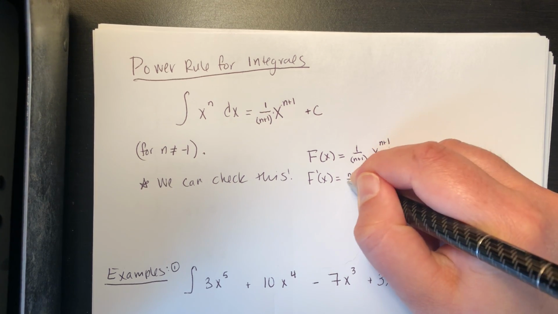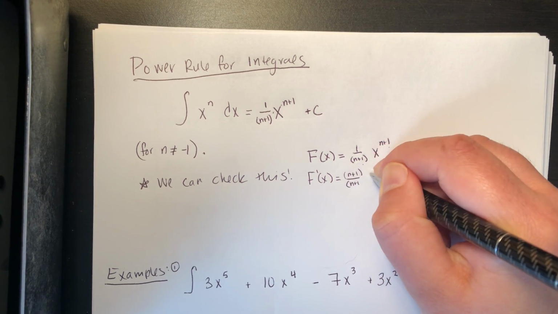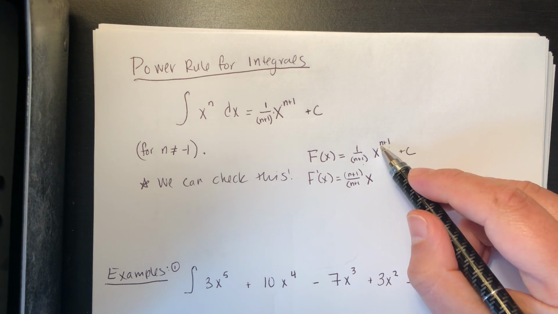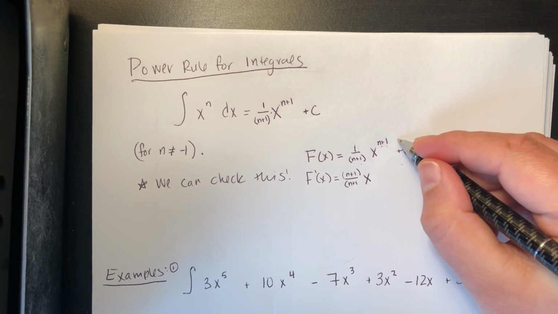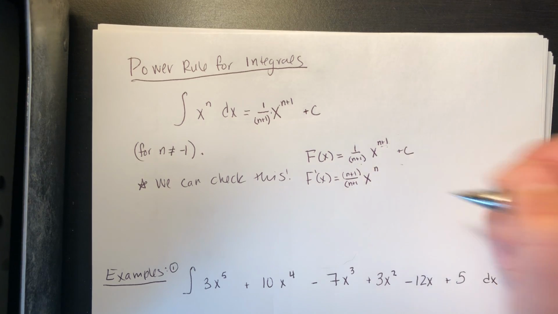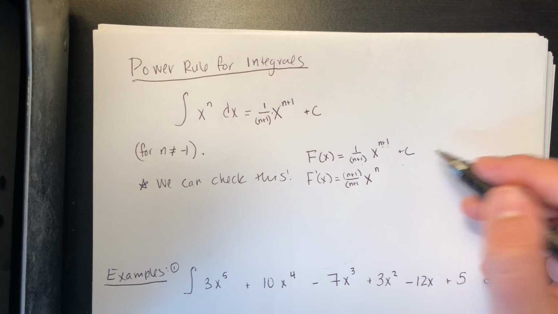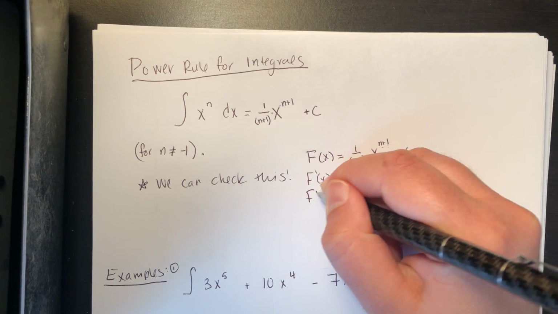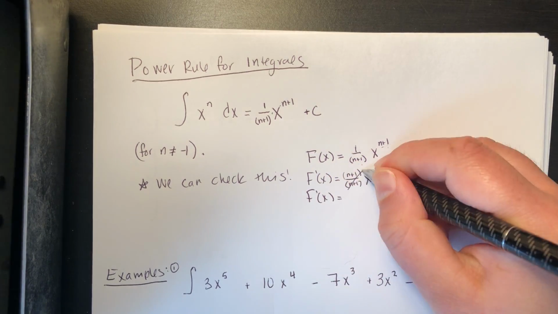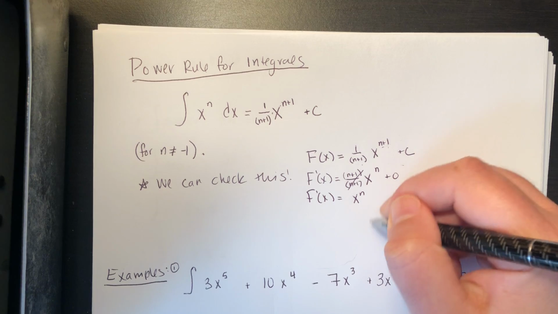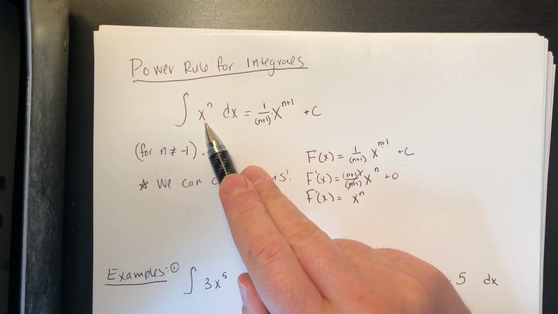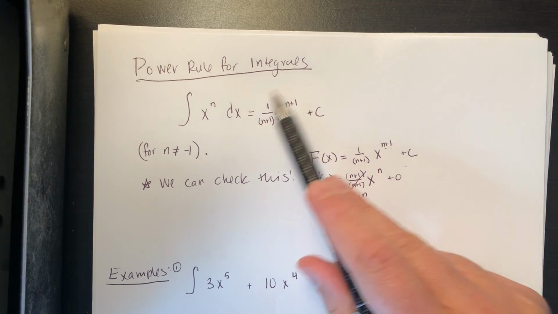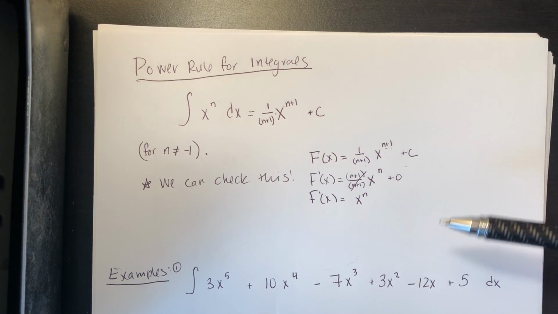That's n plus 1 over n plus 1, times x to the n plus 1, the old exponent, minus 1. That's going to give you an n. And then the derivative of a constant is just 0. So we get that F prime of x is just x to the n, which is exactly what we wanted. We want the derivative of this to give you this, and it does.